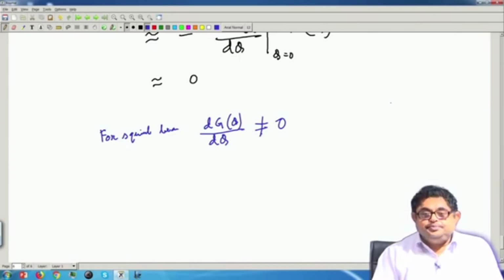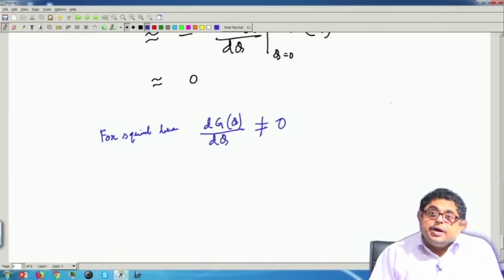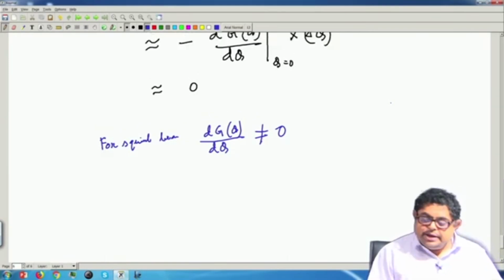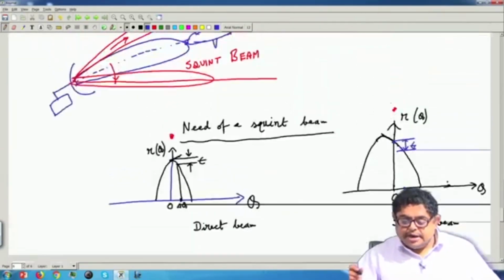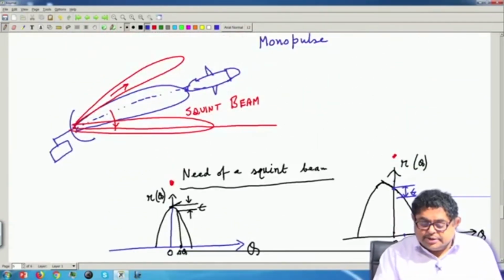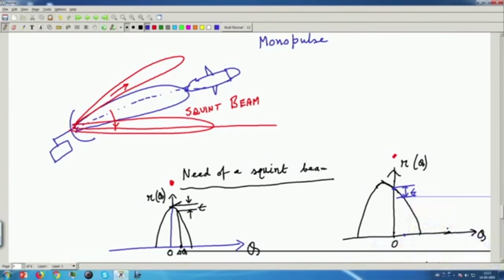Now, what is the ill effect of this? You see that generally radiation patterns are such that along the axis of the antenna it is maximum, and at other positions it is falling. So, if I am pointing at some other angle, or if I have a squint, then obviously this point and this point have magnitudes much lesser than these 2 points.